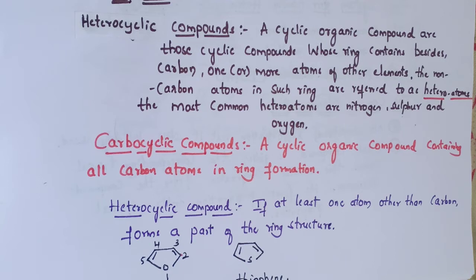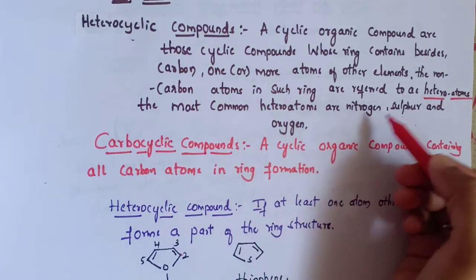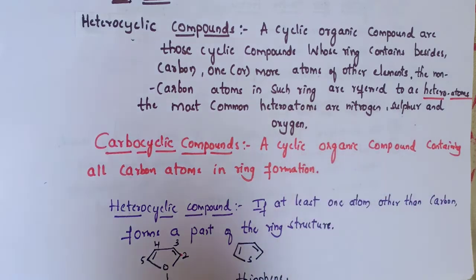The atoms other than carbon and hydrogen are called heteroatoms. The most common heteroatoms are nitrogen, sulfur and oxygen. It should form a cyclic ring structure, and beside carbon there are one or more other atoms involved in the formation of the ring. These are called heteroatoms.